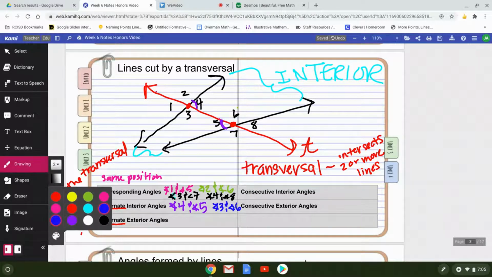So if I look at my picture, angle 1 and angle 8 are alternate exterior angles. They're alternating the red transversal line, and they're outside of both of the black lines, so 1 and 8. Do you see another one? What about angle 2 and 7?